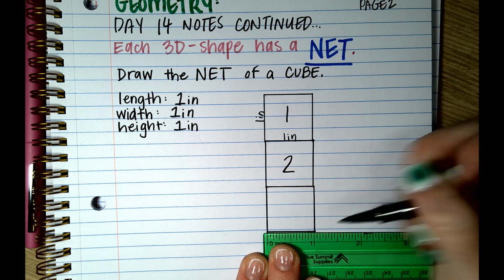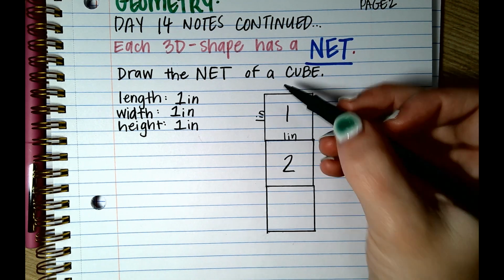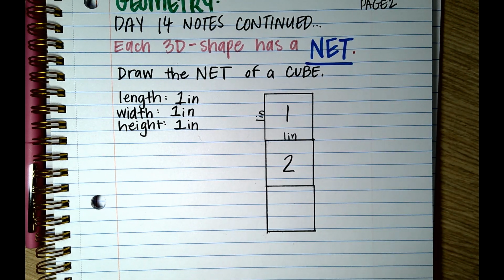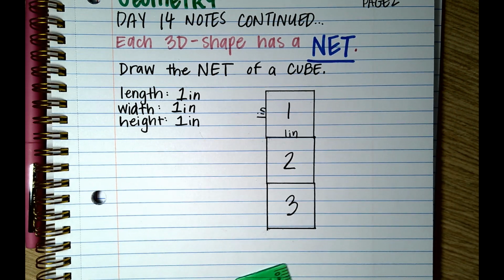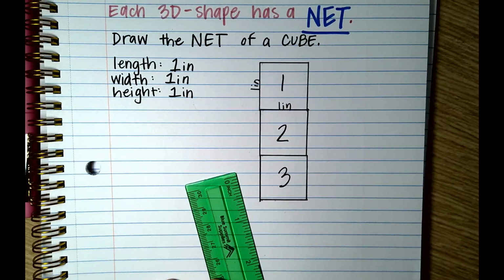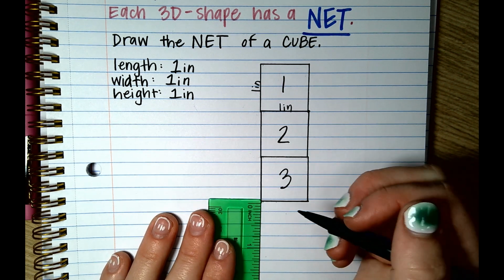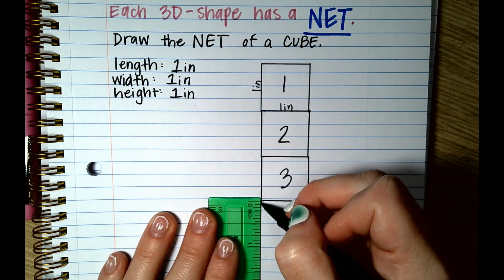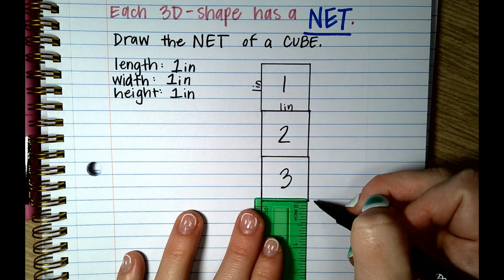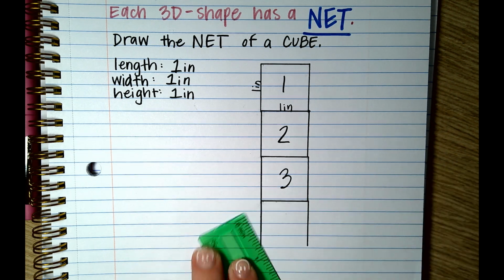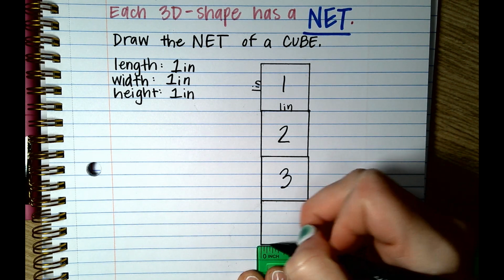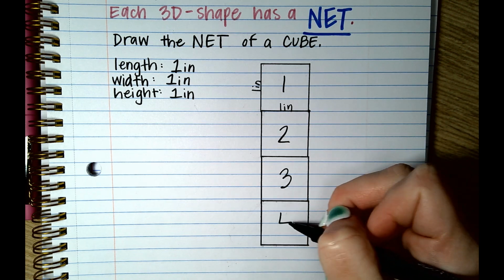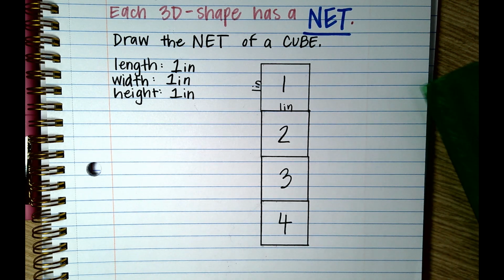Now you could do this in probably a quicker way by just drawing a 4-inch line first and then separating it, but we're doing it slowly. And one more box, 4. Okay, so there's 4.